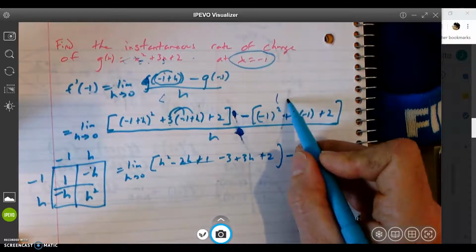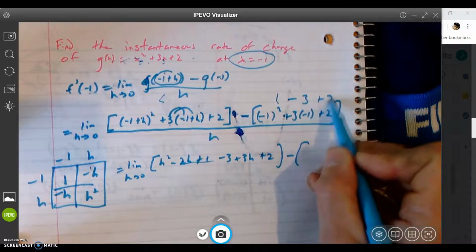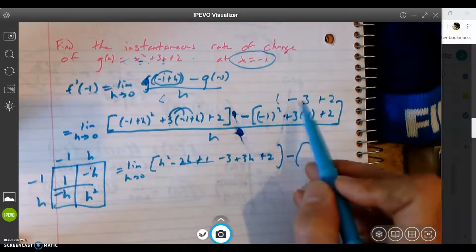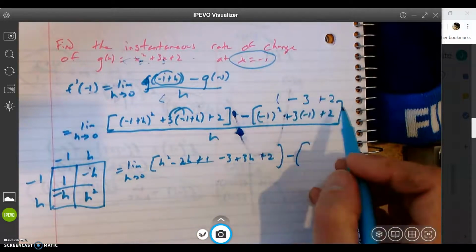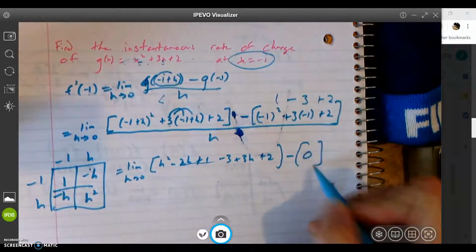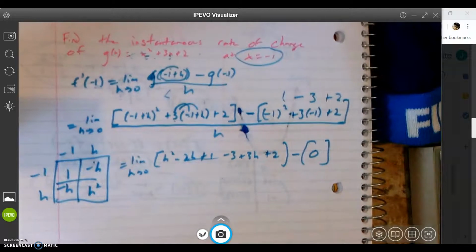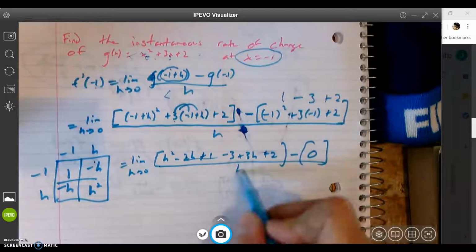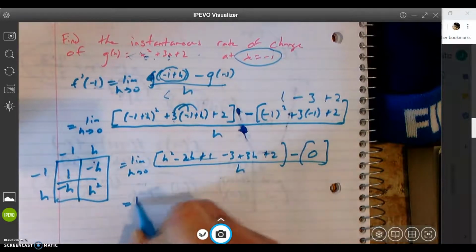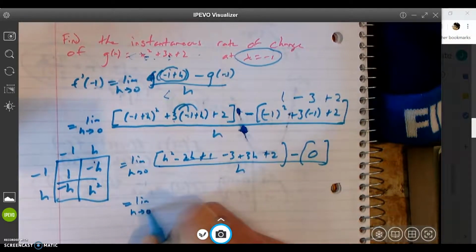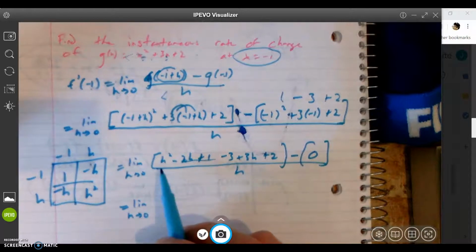This is 1 minus 3 plus 2. So 1 minus 3 is negative 2, plus 2 is 0. Yeah, cool. All right, all over h. Don't forget that denominator. I forget the denominator all the time. Okay, so equals the limit as h approaches 0 of, let's see what we got here.